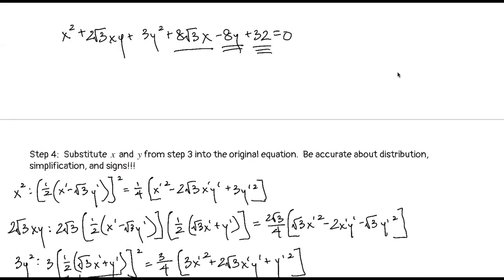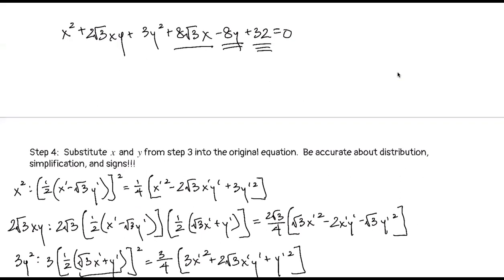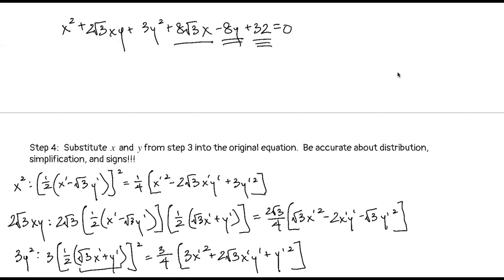And then this 32, we don't need to do anything to. There's no x or y to substitute into, okay? So those first 3 terms are a place where you definitely want to double check all your signs and whatnot. But the last 3, if you do have those in a test question, tend to be pretty straightforward to substitute in, okay?